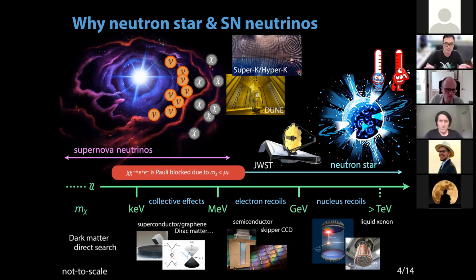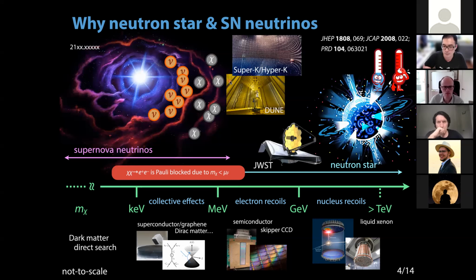By combining the two, you can clearly see from the cartoon on this page that the sensitivity to a very wide dark matter mass range can go down to electron volt and much beyond TeV. My collaborators and I already studied a lot on the neutron star, and now we are working on the supernova neutrino case. We hope we can finish it soon. So this is the motivation and introduction of this talk.